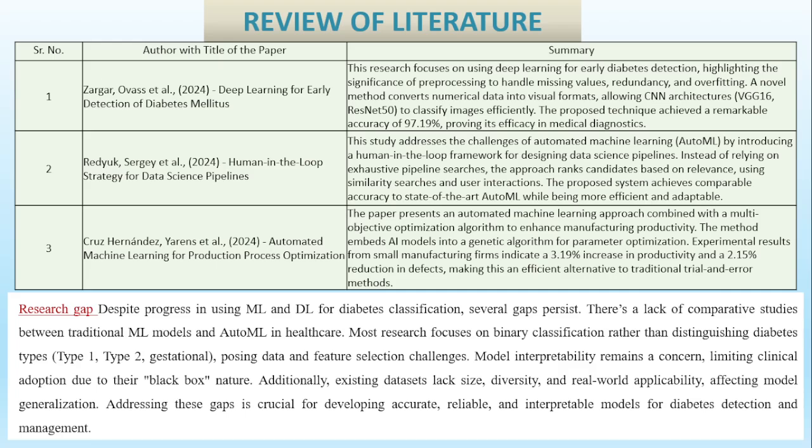Type classification I also discussed. There is a lack of knowledge and lack of focus on the classification of diabetes, because 50 to 60% of people have high sugar in their blood, but they don't know which type of diabetes they have.